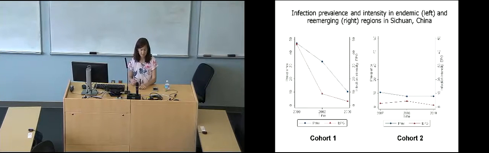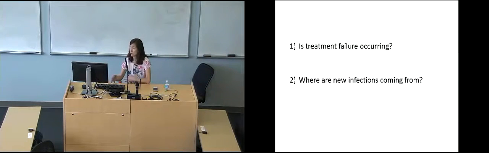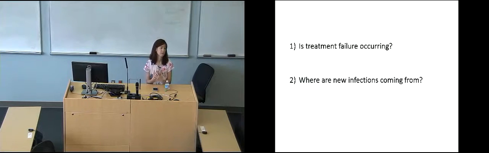So, again, from public health impact, this is probably not a region that has a lot of morbidity due to schistosomiasis, but in the context of elimination, these infections matter because it's not gone. So out of this research, there's kind of two questions that we've been really interested in trying to answer.